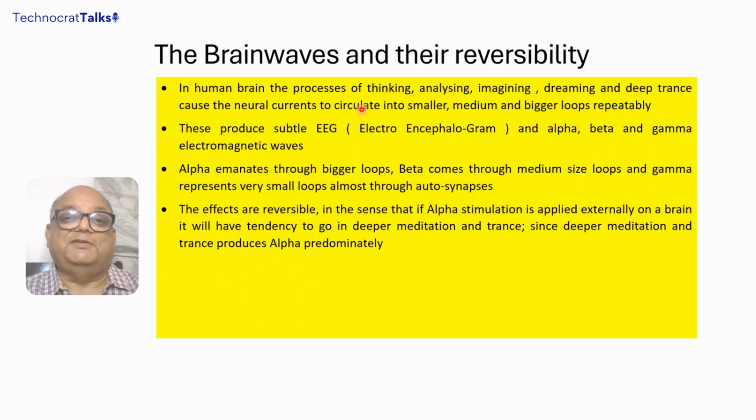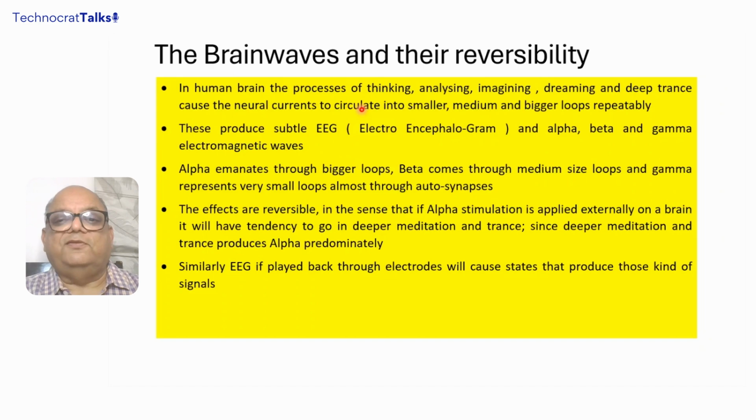So it is reversible. Whatever is causing that wave, if that wave is put externally, the brain tends to go into the same thought process. That's the interesting aspect. Alpha stimulation is a kind of meditation tool. Maybe somebody can artificially go into deep trance.